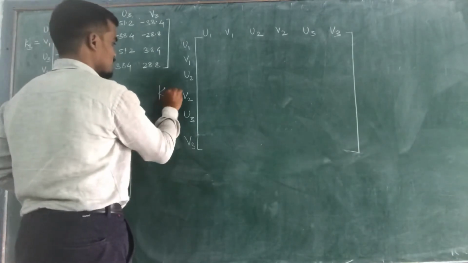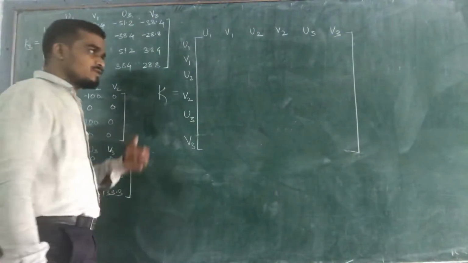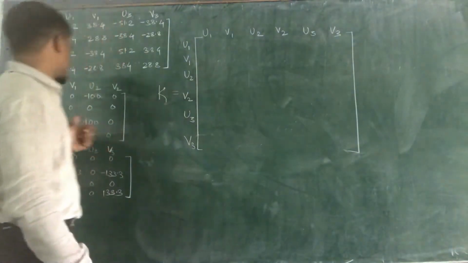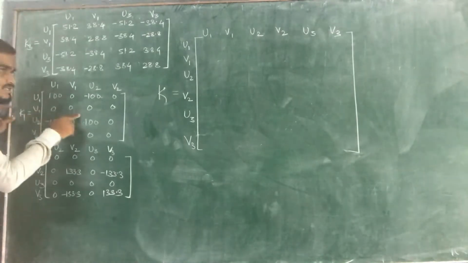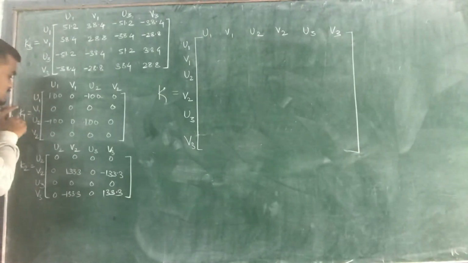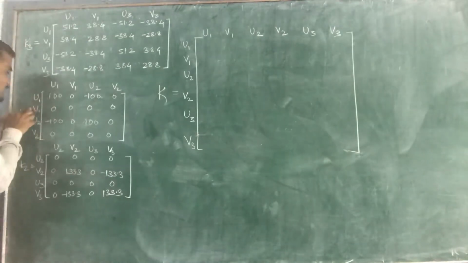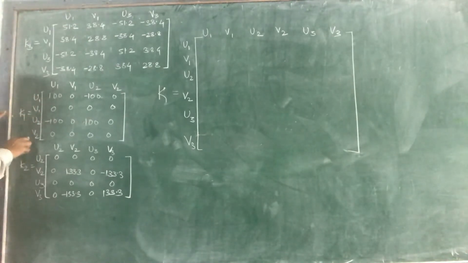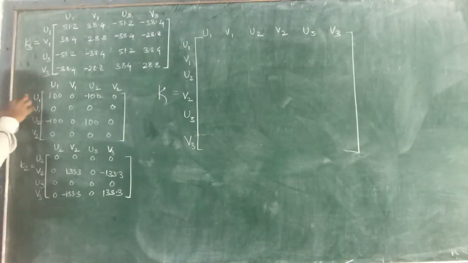So we need to construct the global stiffness matrix. K is equal to now. To construct the global stiffness matrix, we will use the elemental stiffness matrices. So first one, this is the elemental stiffness matrix for the first element. Put this elemental stiffness matrix at the connectivity between U1 V1, U2 V2. As we know, the connectivity of this element is between node 1 and 2.